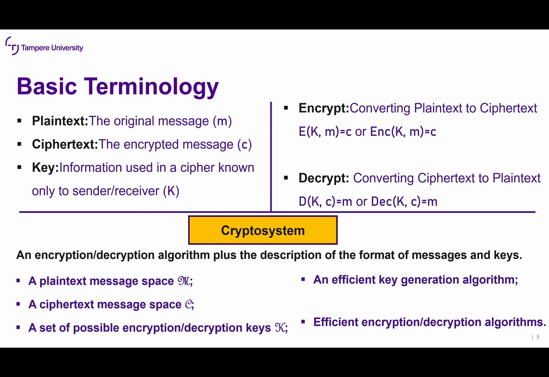Apart from that, we have a set of possible encryption decryption keys, which is denoted by calligraphic K, and this is basically all the possible keys that Alice and Bob can generate and use in order to encrypt and decrypt messages. In addition to that, a crypto system has an efficient key generation algorithm as well as an efficient encryption decryption algorithm.